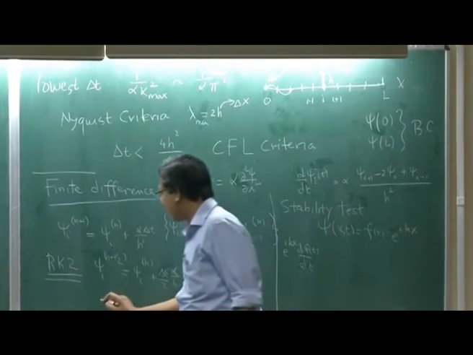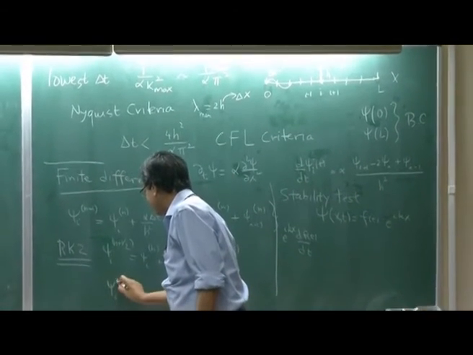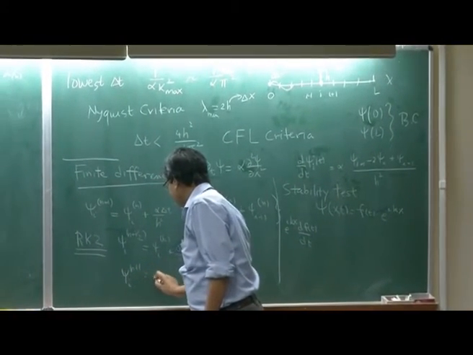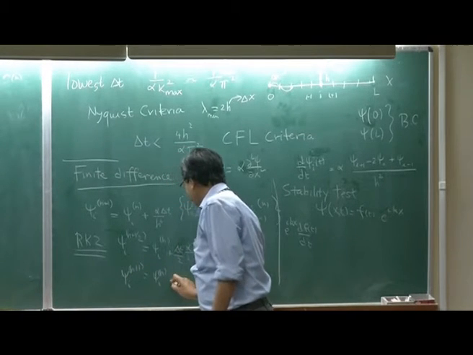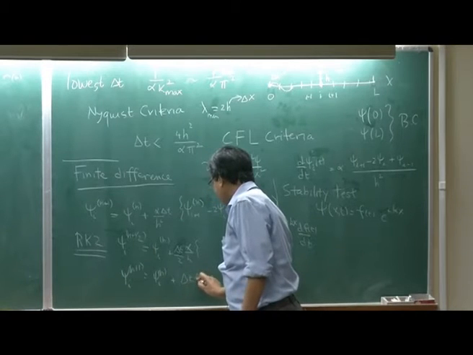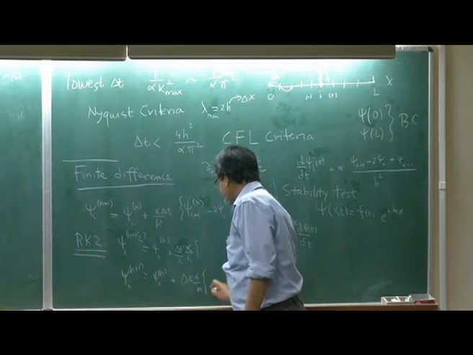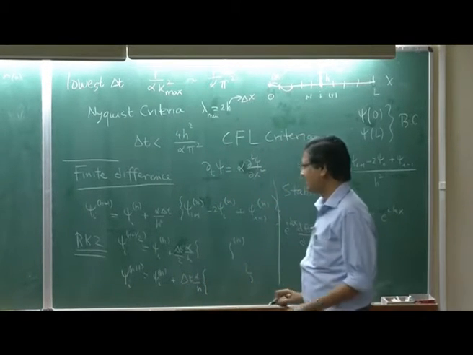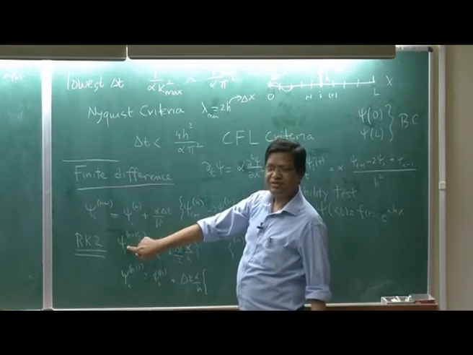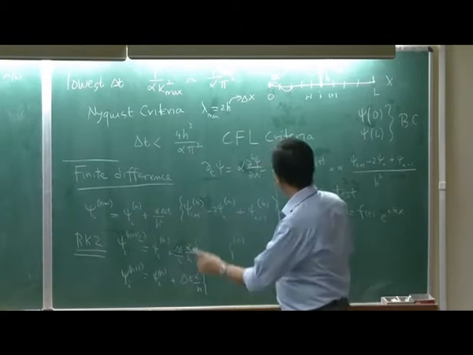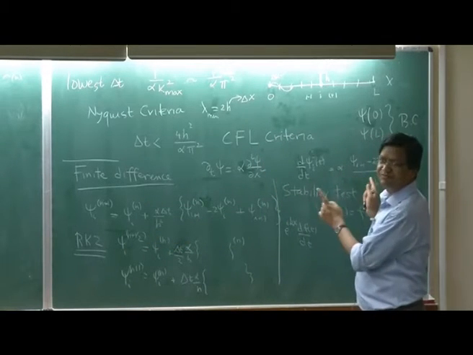Then I will now take the final step: psi i at n plus 1 is psi i at n plus delta t alpha by h squared. So I have these values now, the psi i's at the midpoint. I should use them and compute the second derivative.